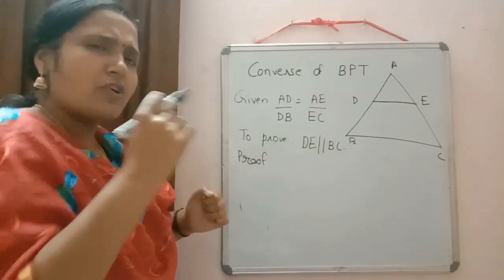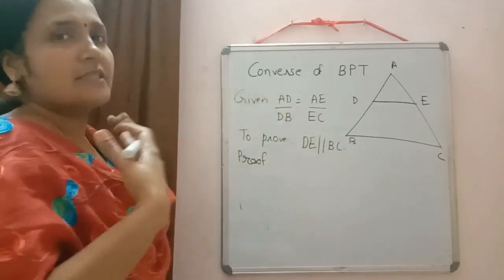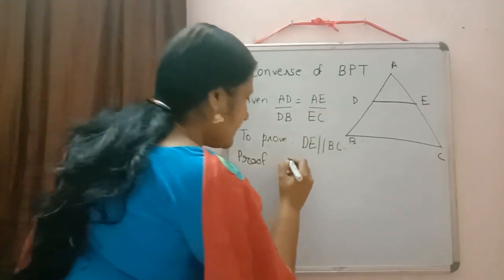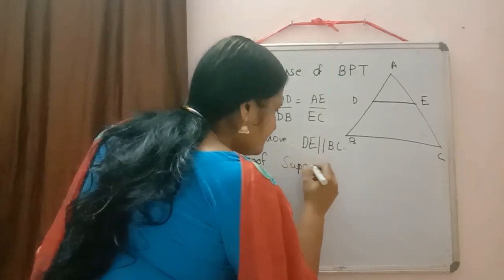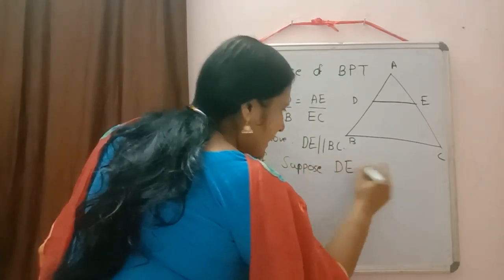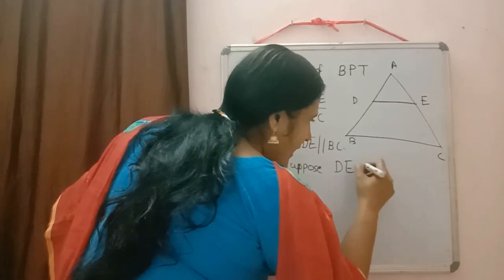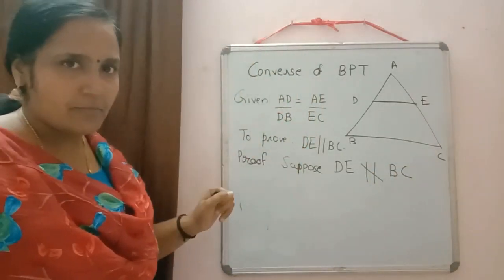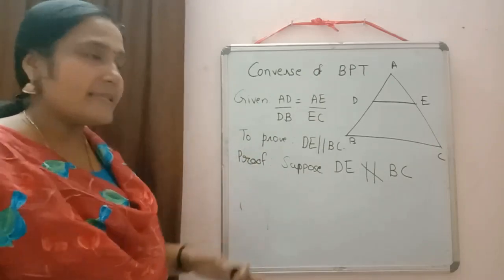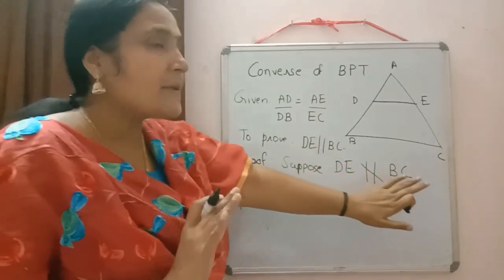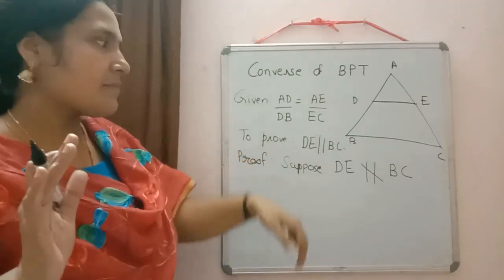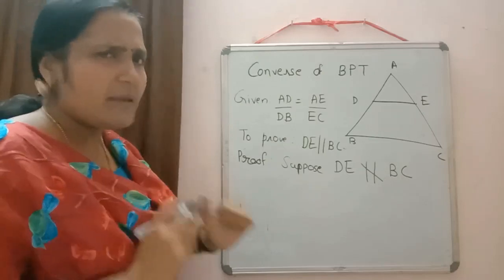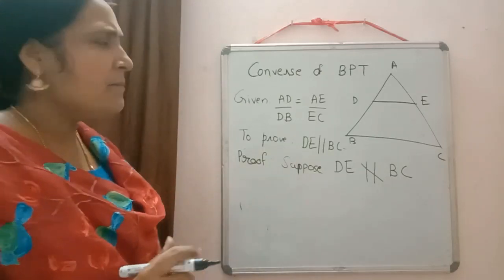For that, we will take the opposite of that. We have to prove DE parallel to BC, but we suppose that DE is not parallel to BC. If DE is not parallel, then some other line segment will be there which is parallel to BC.